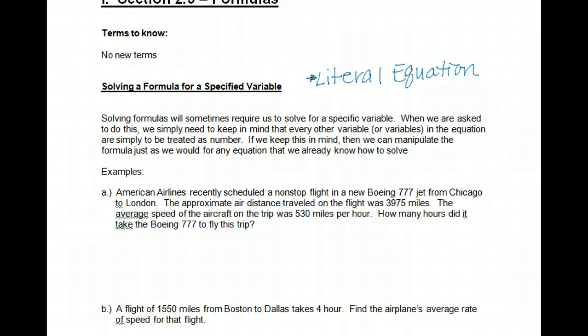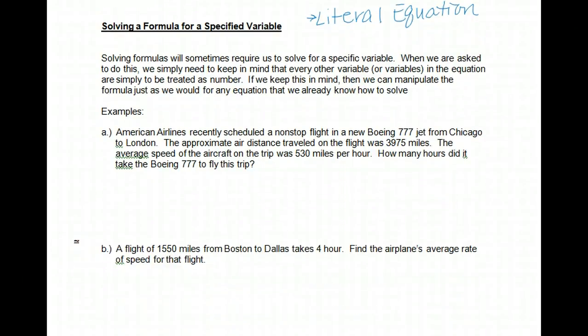Variables are placeholders for numbers. They represent numbers. They're just a placeholder. And for that reason, we can allow them to be manipulated exactly the same way that numbers can. So let's look at these first couple of examples that we have here.